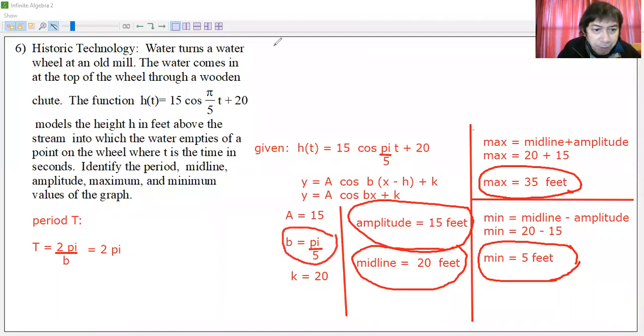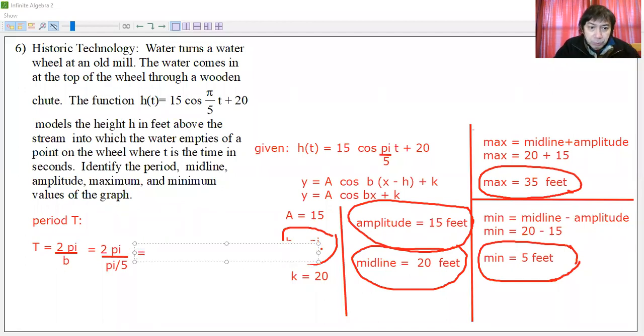It's pi over 5. So this is 2 pi divided by pi over 5. Notice that the pi and the pi cancel out, and this will be reduced to 2 divided by 1/5.